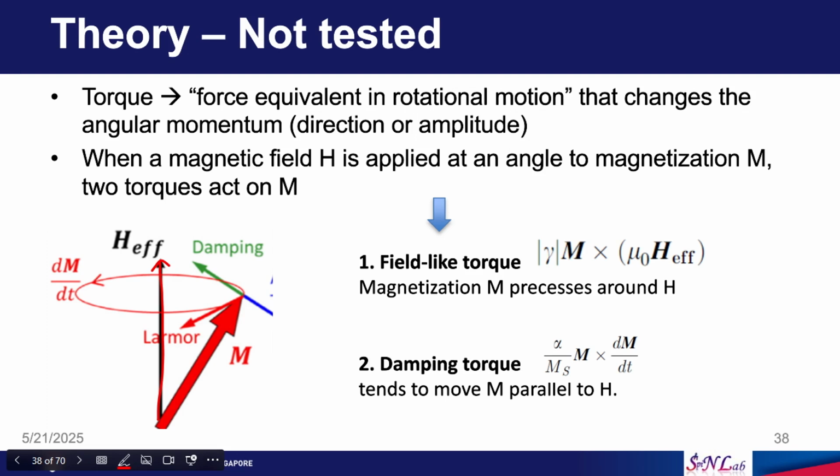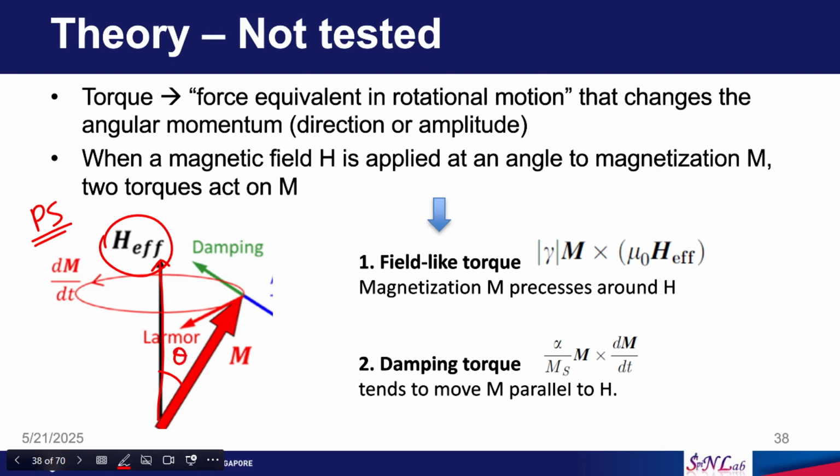We have magnetization in one particular direction, we apply a certain magnetic field, and what does this magnetic field do to the magnetization at smaller time scales? Okay, we are now talking about time scales on the order of picoseconds. What happens? Okay, so, if magnetization is pointing in this direction and you apply a magnetic field along this direction and there is some angle.